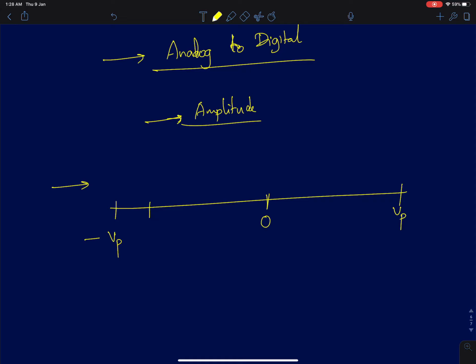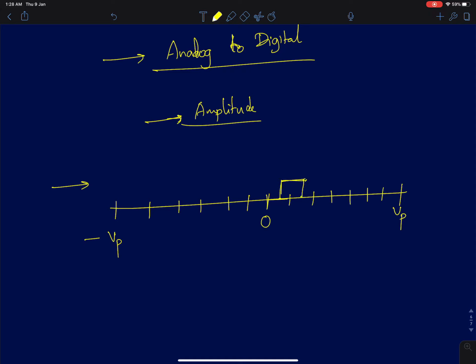Then what you do is, you divide this entire amplitude range into equal regions. This is called uniform quantization. In each region, you are going to quantize it, round it off to some value at its center.